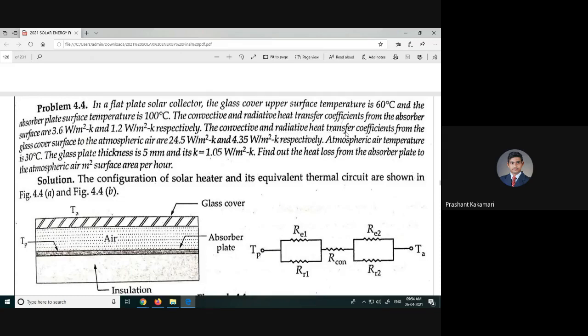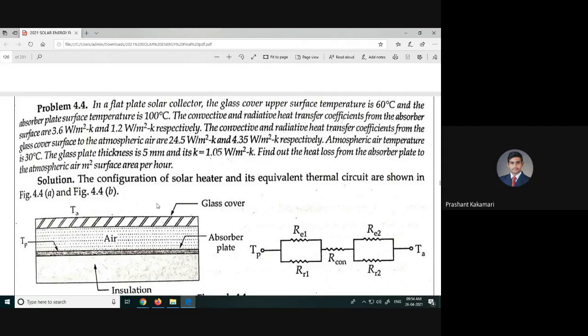The convective and radiative heat transfer coefficients from the glass cover surface to the atmospheric air are given. For the absorber plate also they have considered radiation and convection. For the glass cover, from the glass cover to the outside atmosphere, the radiation and convection process will be there.